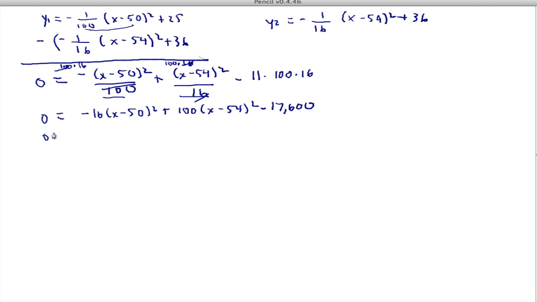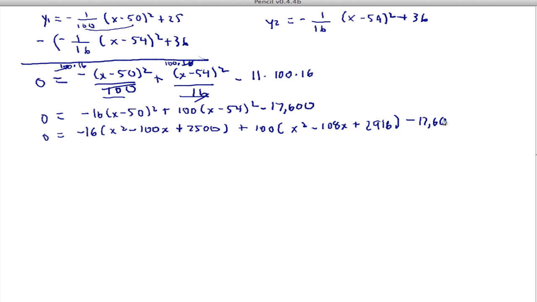Now we're going to expand all our factors out. So 0 is equal to negative 16 (x squared minus 100x plus 2500) plus 100 times (x squared minus 108x plus 54 squared, which is 2,916) minus 17,600. So we'll multiply everything out.